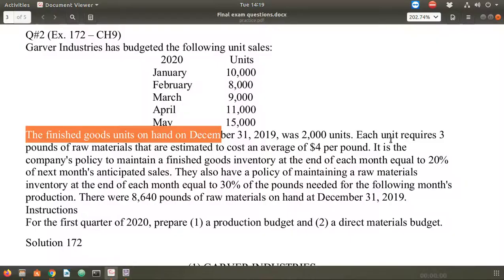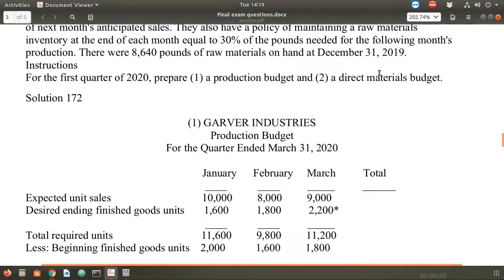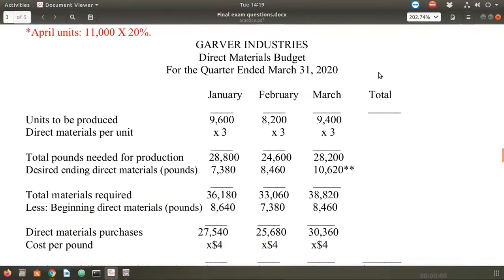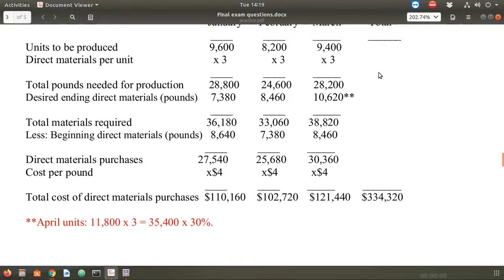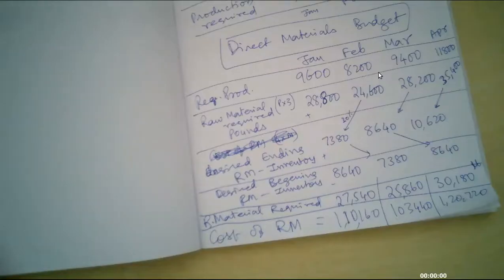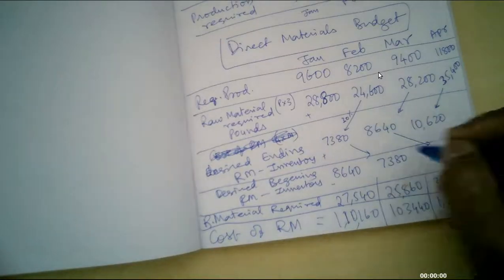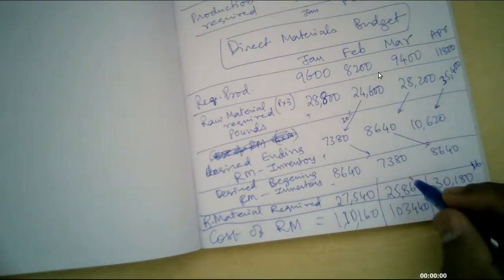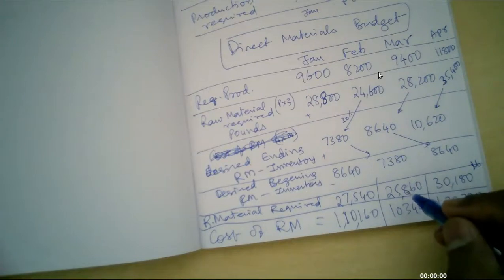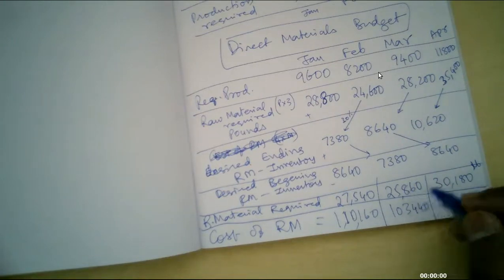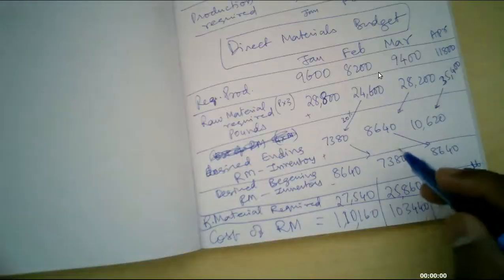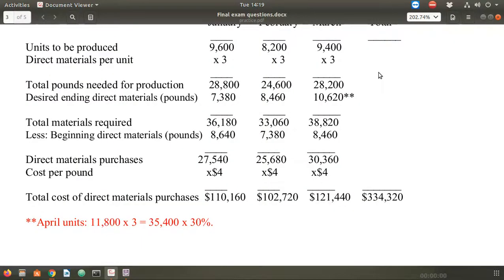Let's check the answers. I think there's a small difference here. This is supposed to be 680. No, this is 860 only. 7380, 8460.